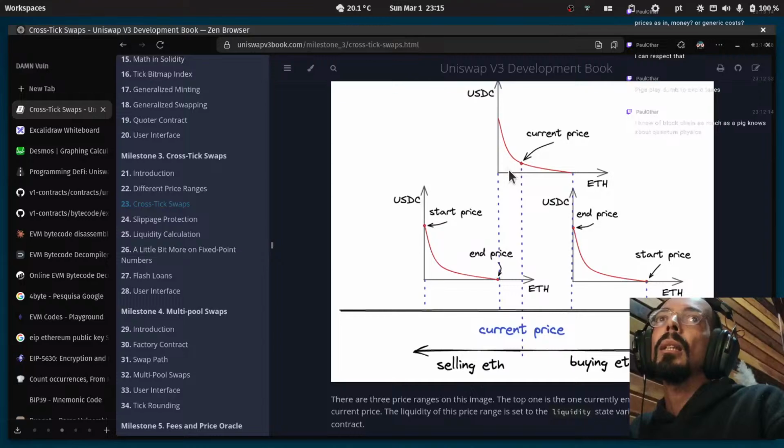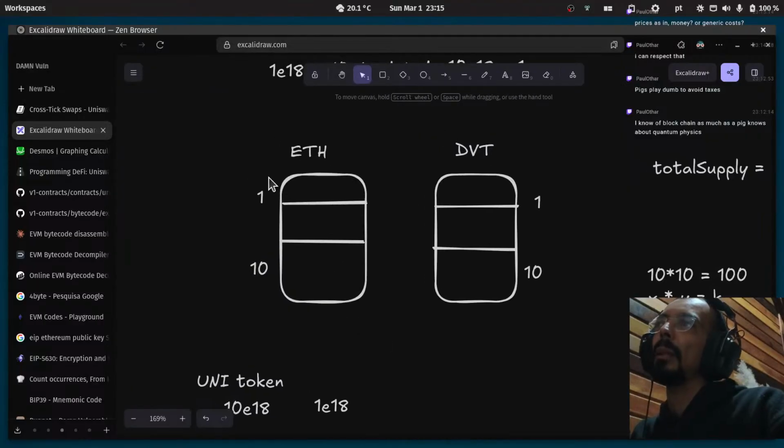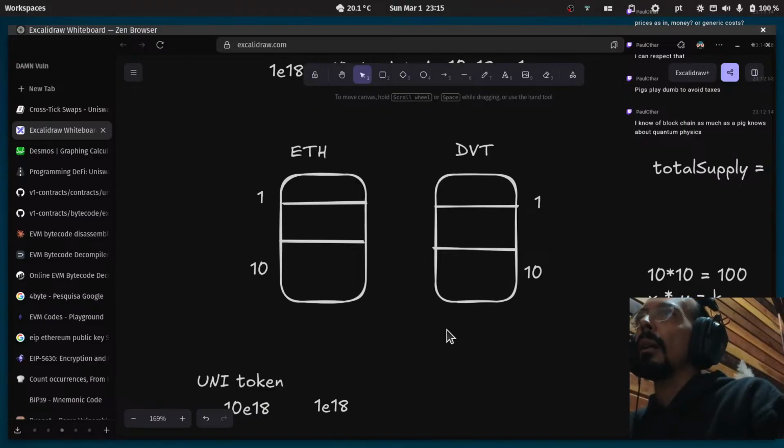Price as money, or generic cost as money. It's money because we can use it as money, right? But it's the difference in the exchange. So let's say I give you a pig and I ask you for something else in exchange.